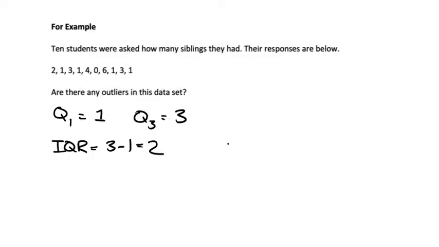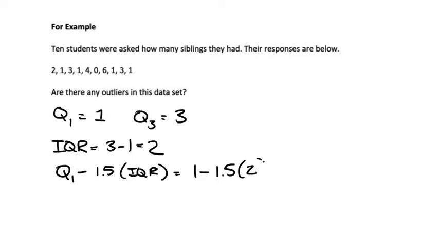And I'm going to calculate Q1 minus 1.5 times the IQR. The value for Q1 is 1, and the IQR is 2. So we're doing 1 minus 1.5 times 2. You can type that into your calculator, or just do it by hand.